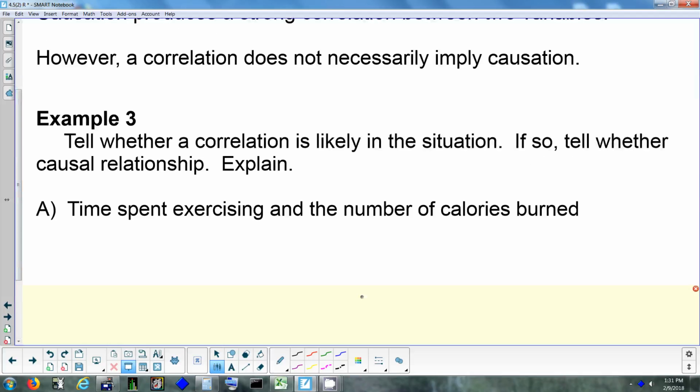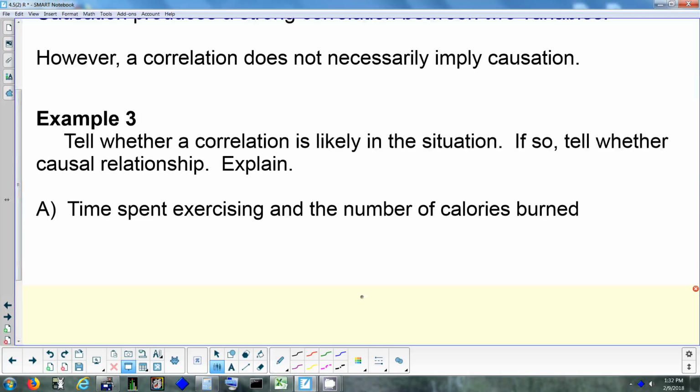Okay, time spent exercising and the number of calories burned. So the first thing is, do you think there's just a correlation? Do you think there's a connection between the time you spend exercising and how many calories you burn? Well, I don't know, because it depends on how much effort you put into your exercise.